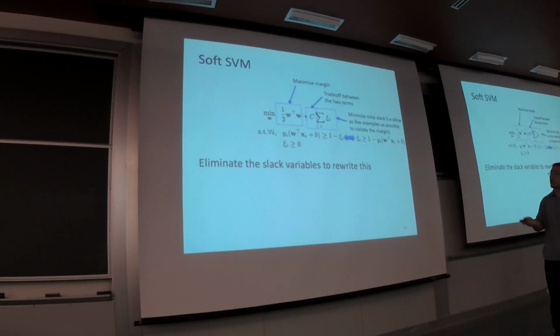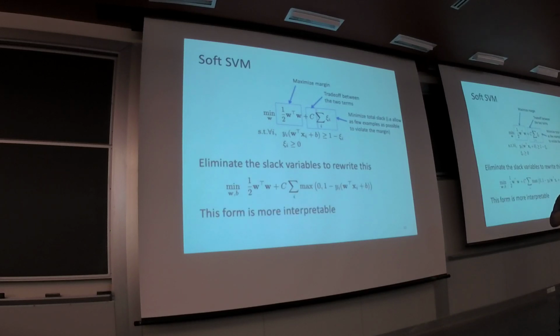So we can simply replace ξi in the cost function by the maximum of 0 and 1 minus the function margin. Then we can totally discard the slack variables. We end up with this more succinct and easier cost function. Now ξi is directly replaced by the minimum value we can choose.